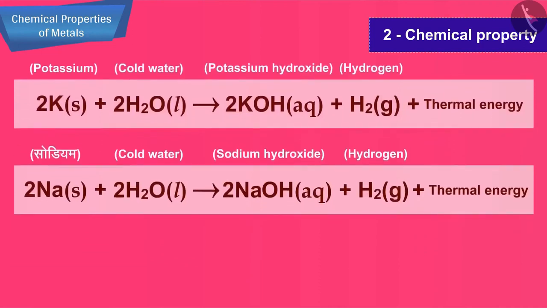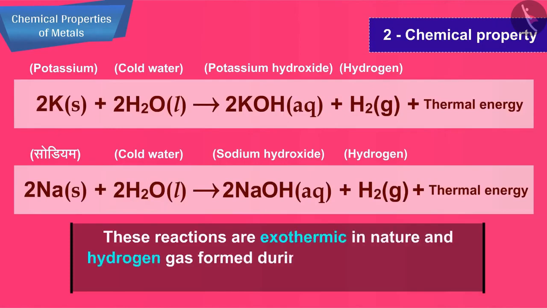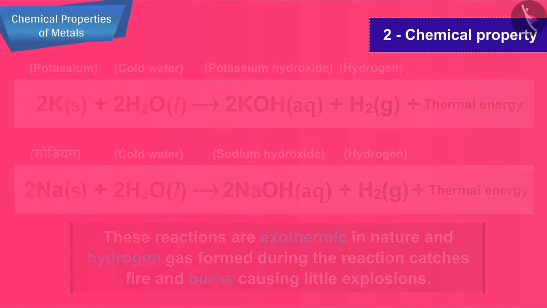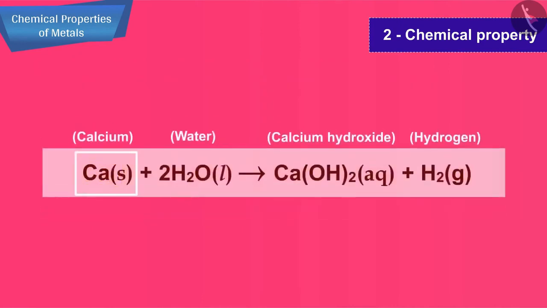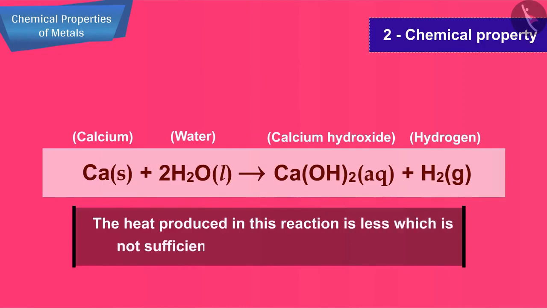Potassium and sodium react vigorously with cold water, and these reactions are exothermic in nature, and the hydrogen gas formed during the reaction catches fire and burns, causing little explosions. Calcium reacts with cold water to form calcium hydroxide and hydrogen gas. The heat produced in this reaction is less, which is not sufficient for the hydrogen to catch fire.